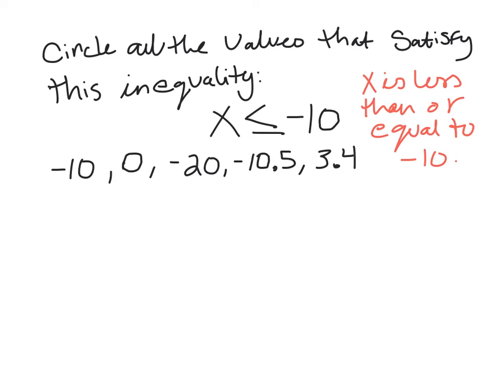And so I need to know which numbers are less than -10. Well, -10, it's not less than it, but it is equal to, and that's allowed on this one, so that works. Is 0 less than -10? Well, in negative numbers, no, because negative numbers further away from 0 are smaller in the negatives. So no.